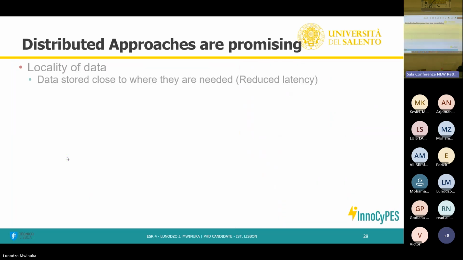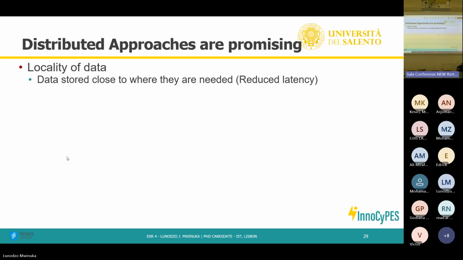Now, in summary of all of these, distributed approaches are the direction that we all need to consider. One of the reasons is that data are stored locally, like in a distributed system, data are stored close to where they are needed. If you store data close to where needed in a distributed architecture, you are reducing latency, because usually when you're communicating in a distributed system, there is communication overhead.